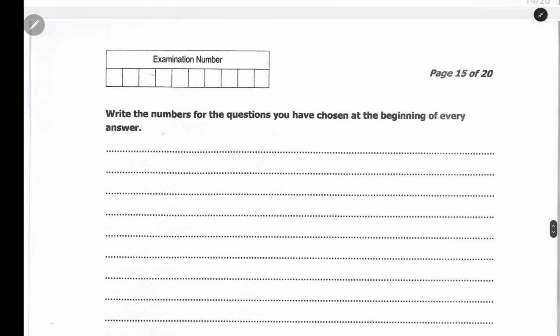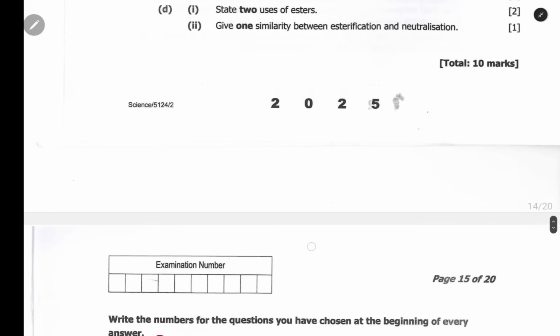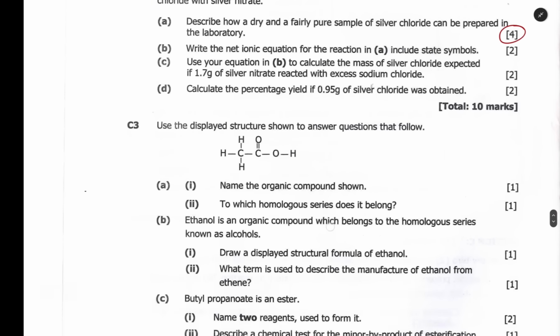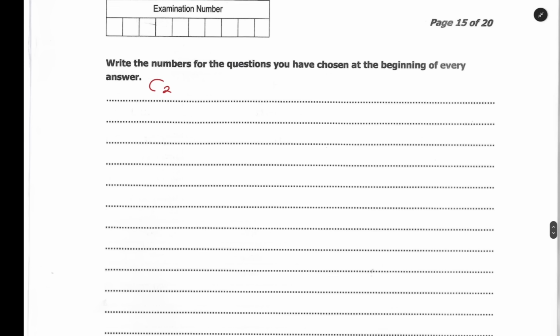So we are going to go to the spaces. We're going to use this space that is for C2. So for C2, that is question A, so C2A.